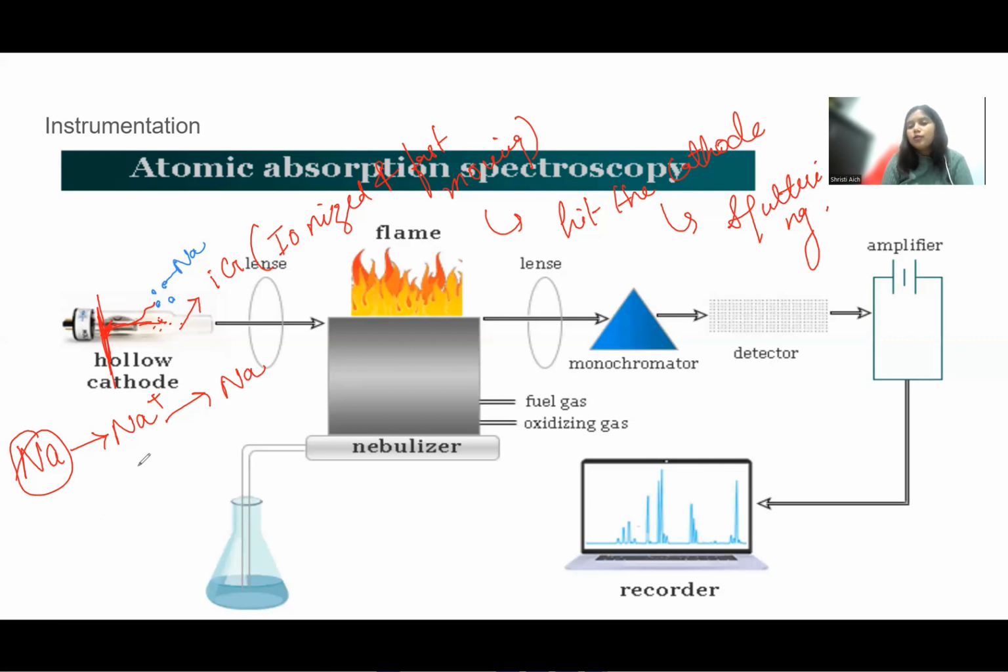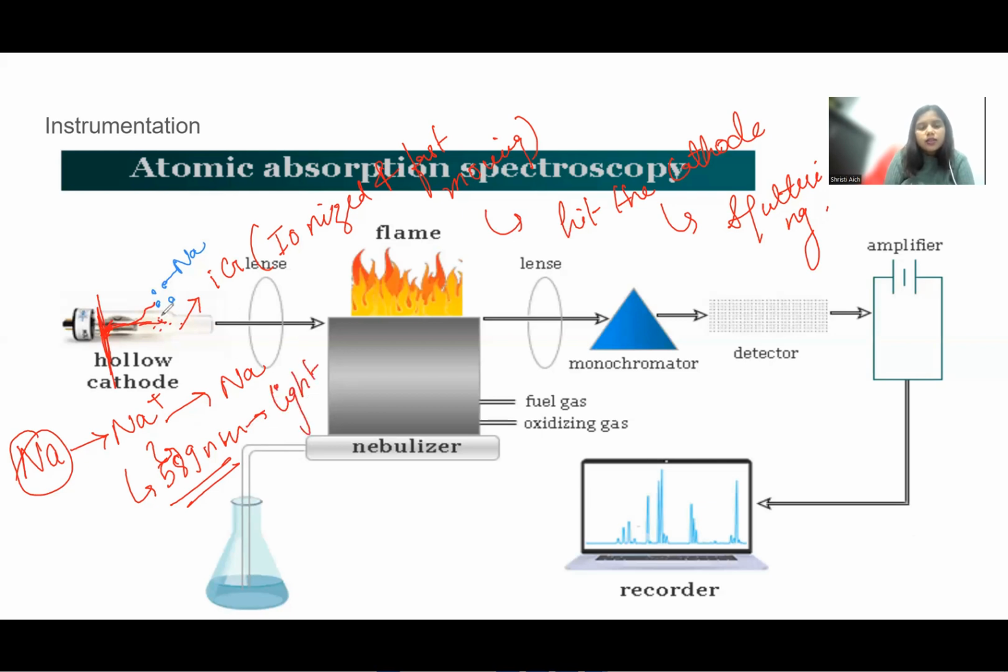Every atom does not emit or absorb just any wavelength; there is a particular wavelength. So suppose it is emitting 589 nanometer or 598 nanometer, just check. This is the wavelength that is getting released in the form of radiation. Now this light, this electromagnetic wave, is going to be your light source.